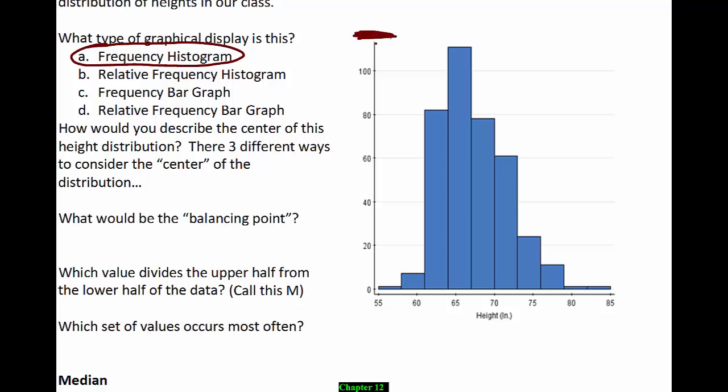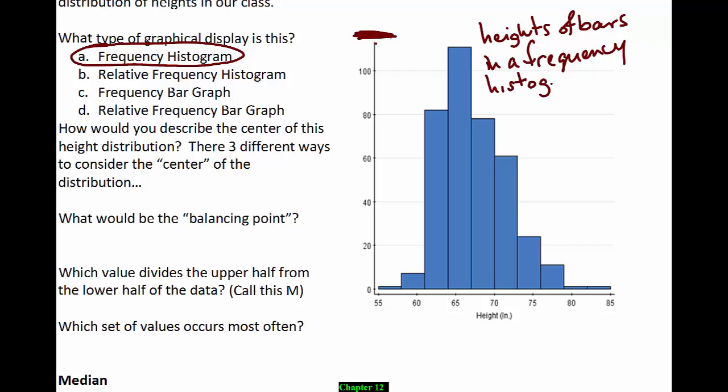So the heights of the bars in a frequency histogram add to the sample size n.